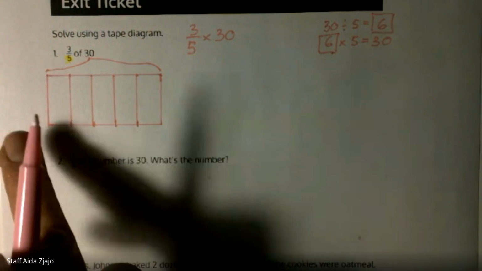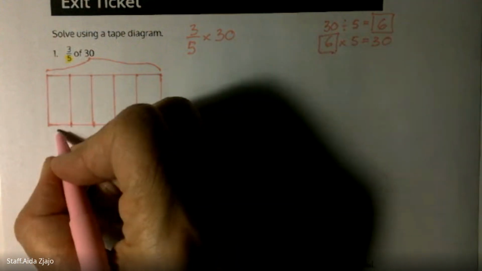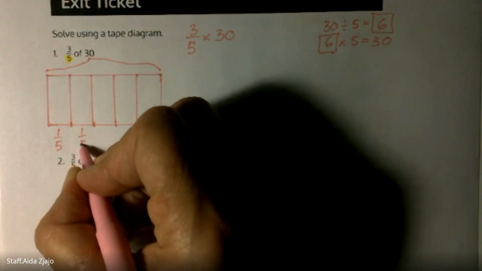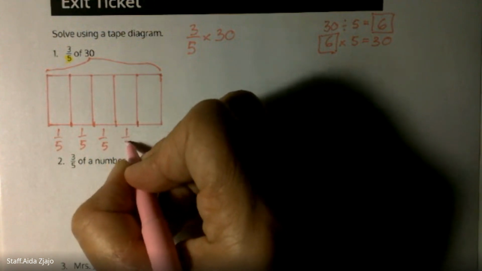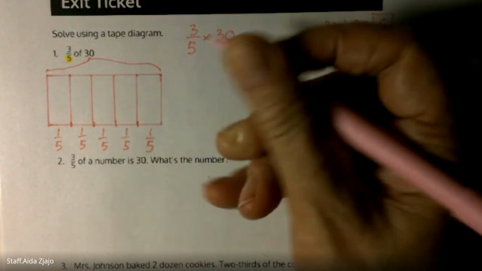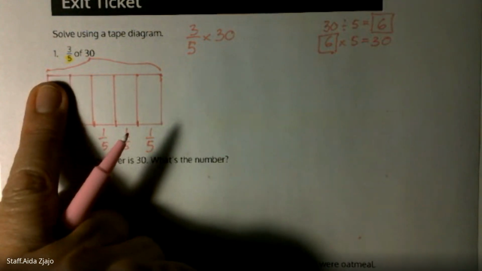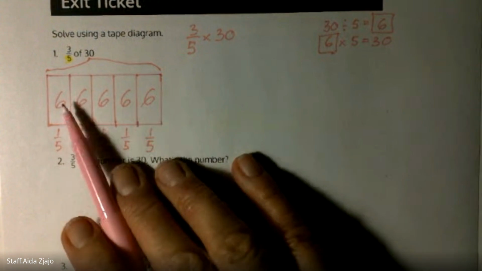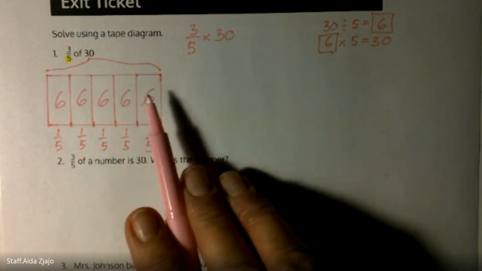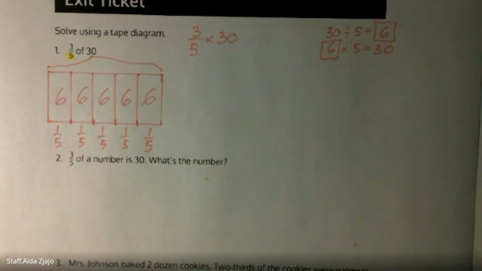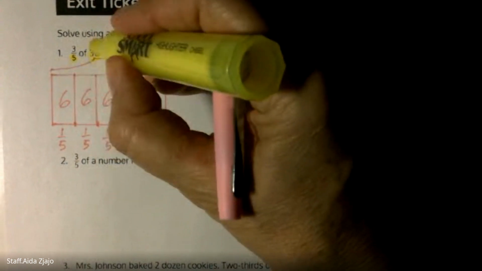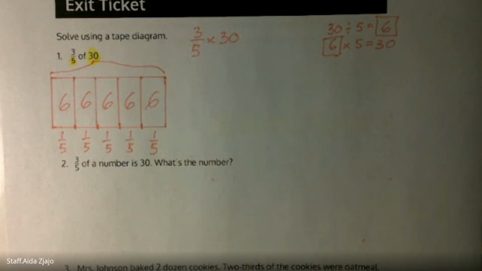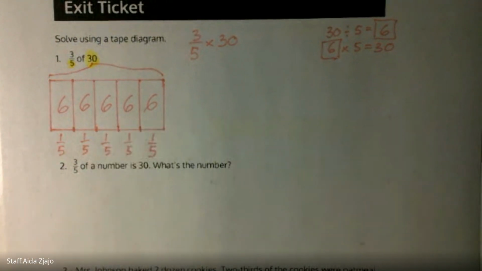So now I know that each of these parts is 1/5, 1 out of 5 pieces, but each piece represents 6. So 6, 6, 6, 6, 6, because 6 plus 6 plus 6 plus 6 plus 6 makes 30. If you have 30 chocolates and you want to bring 3/5 of it to school, 2/5 you're going to leave at home for your sister and brother to eat.